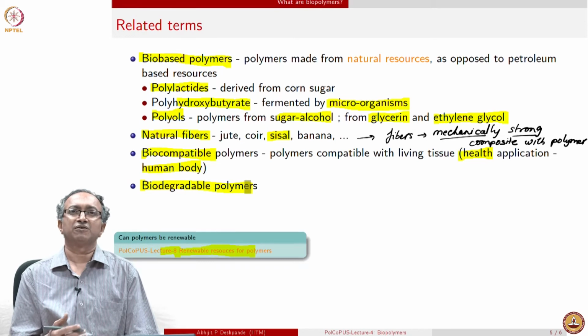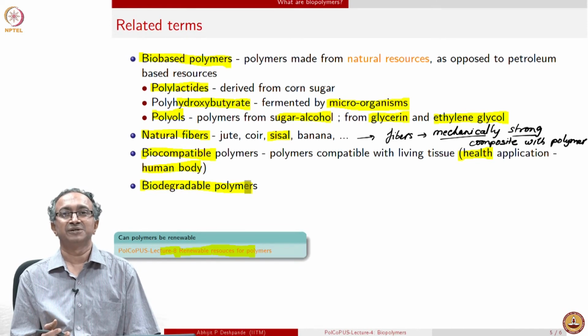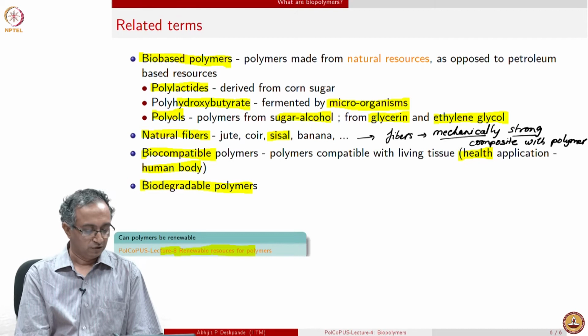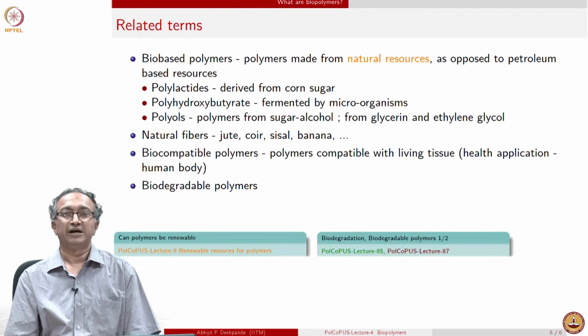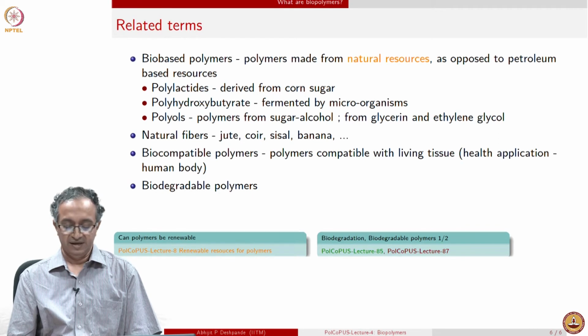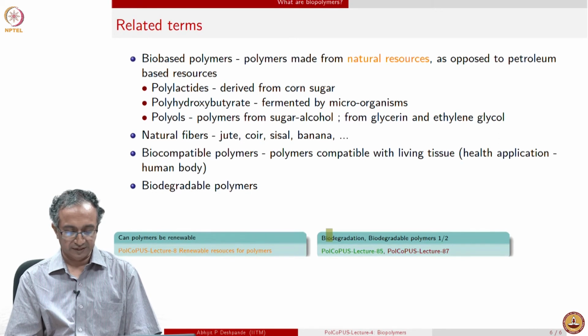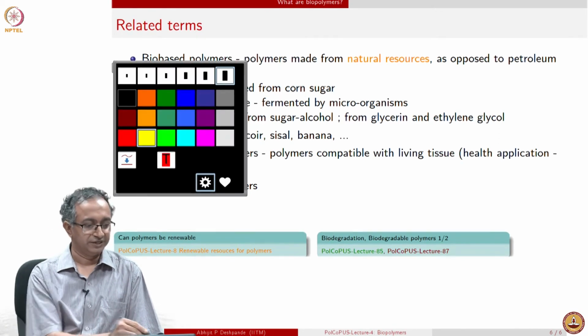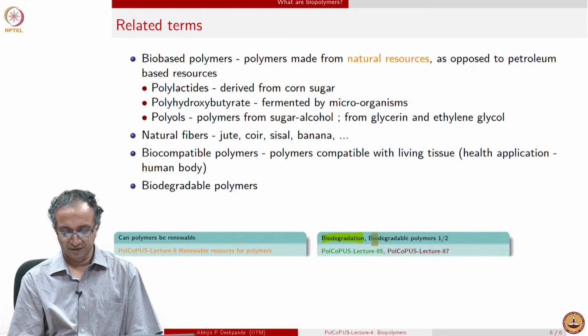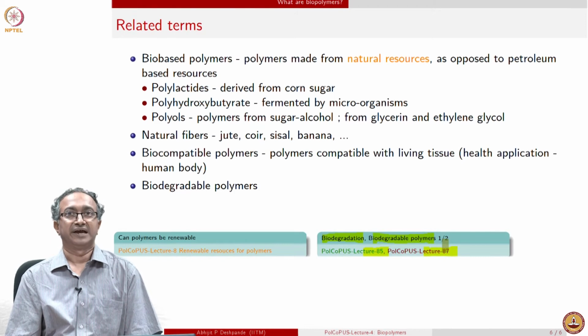And of course, this is part of the natural design, where the functional requirements are always the key determinant of what a polymer's property will look like. We will also look at the phenomena of biodegradation and the biodegradable polymers in lectures down the line.